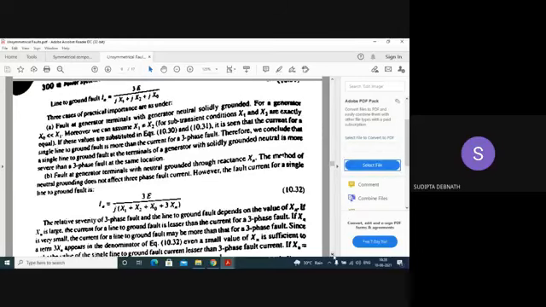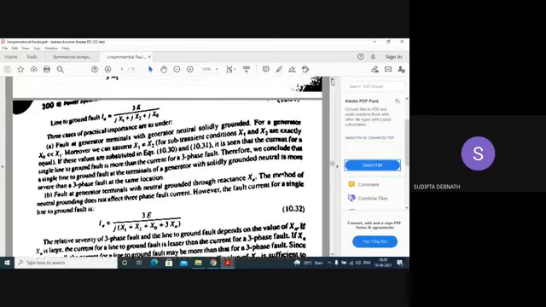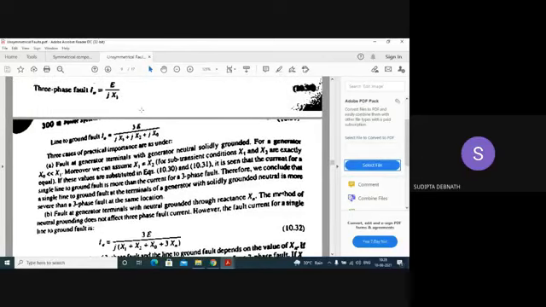If there is no XN, it is always severe. But if there is XN, then we have to add thrice XN. Whereas in three-phase fault, we need not consider all these things, because this XN will come only for the zero sequence component. Here there is no zero sequence or negative sequence, so it will remain the same. But this expression will change, only you have to add thrice XN, the neutral impedance.